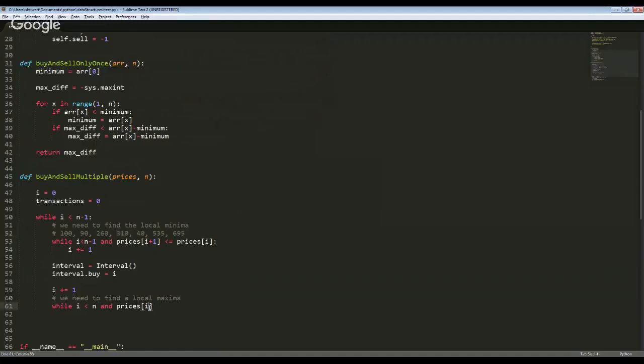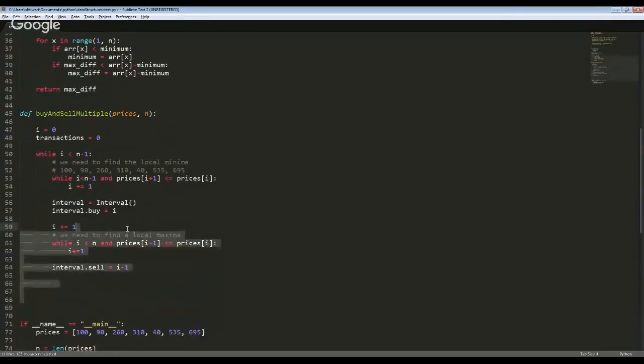So we can have prices of i minus 1 less than or equal to prices of i, right? In that case as well, we can increment, and then we can sell the stock on that particular day, right?